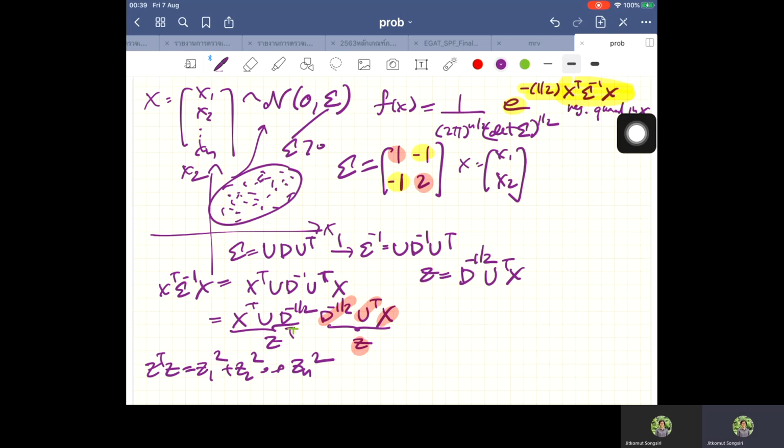So what do we know about Z? What do we know about the covariance of Z?